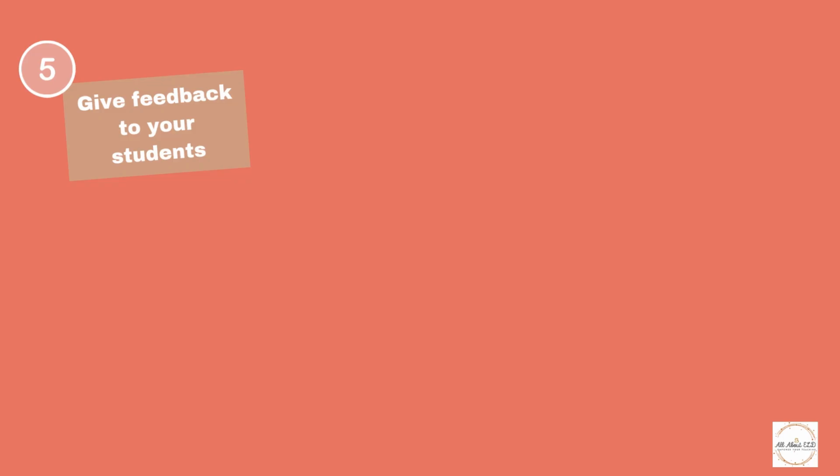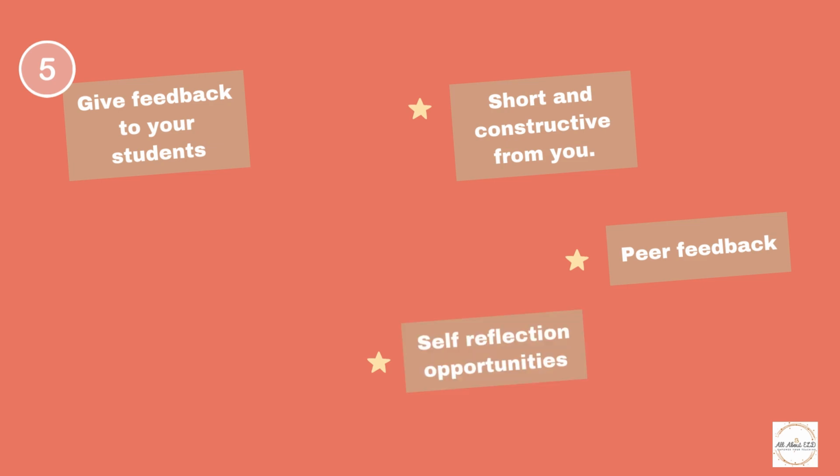Our last tip is to give feedback to your students. Give them short and constructive feedback. And depending on their age or grade level, you choose to do peer feedback or give them self-reflection opportunities. Like I said before, if you use Canva or other programs that students can share and look at their responses or listen to their responses, it is easier to do peer feedback.